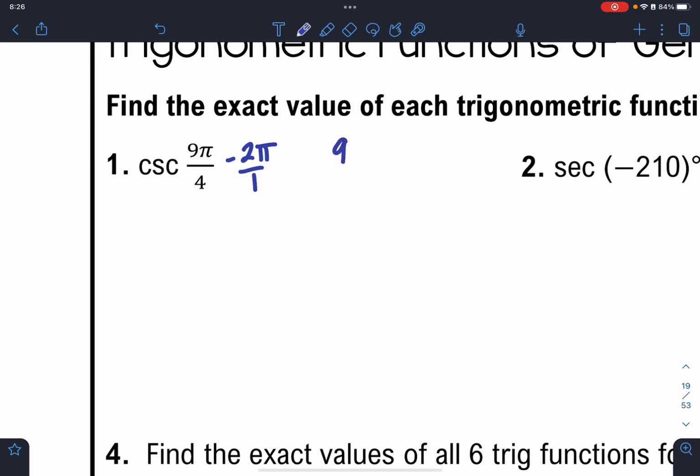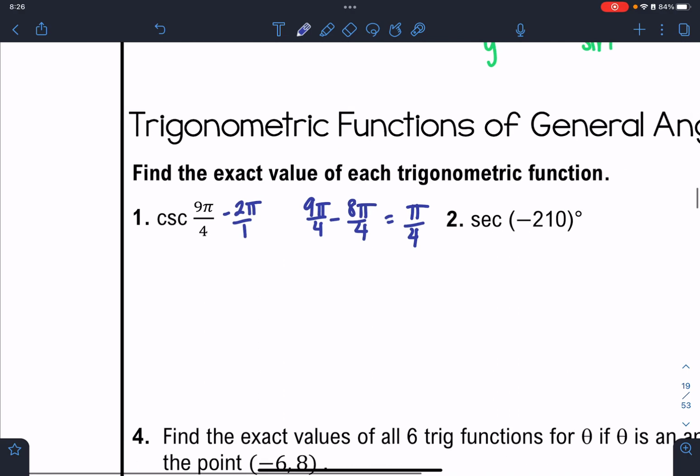So this is 9 pi over 4 minus 8 pi over 4, that's really 2 pi, okay? So this coterminal angle is the same thing as pi over 4. If I make that full 2 pi rotation around, I end back at the same thing. That's pi over 4, which is on my unit circle.